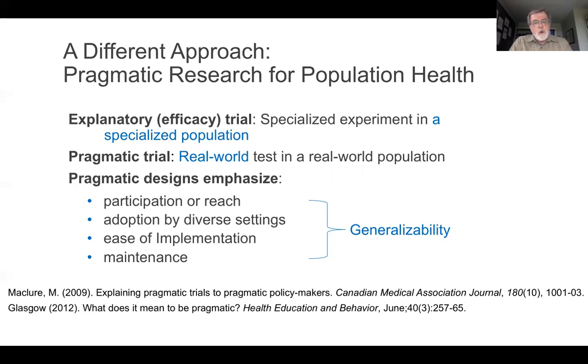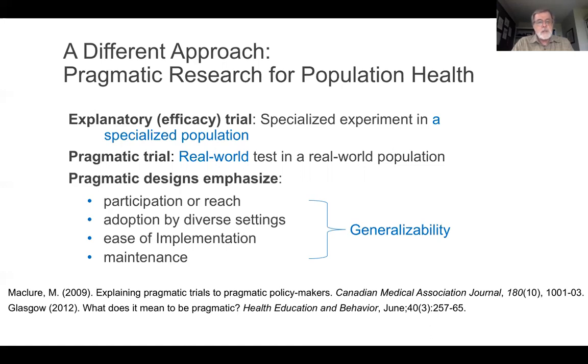But the overall notion is that an efficacy study is done under ideal conditions where the investigator controls a whole lot of things. It's a very selective, specialized population, specialized setting, often specialized agents, contrasted to a more real-world test in a real-world population under close to, quote, usual care conditions.